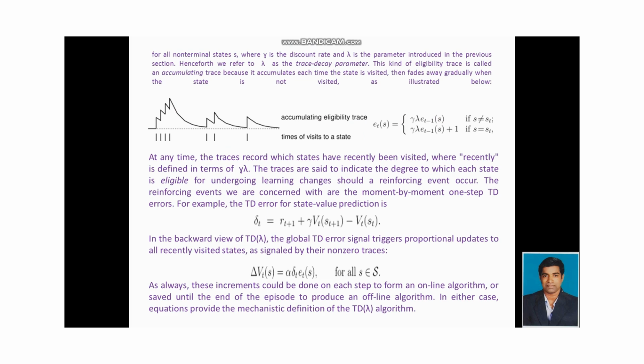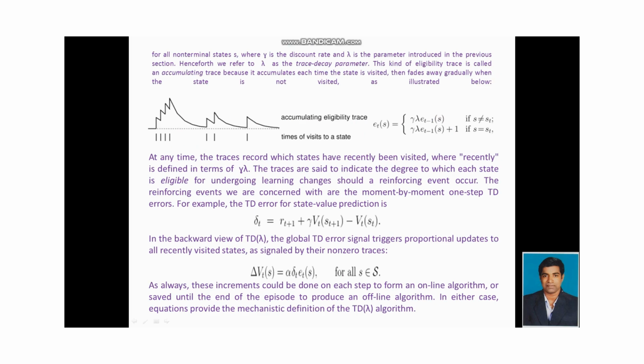This kind of eligibility trace is called an accumulating trace because it accumulates each time the state is visited, then fades away gradually when the state is not visited, as illustrated below. Here in the diagram itself we can see four steps of response we are getting when the state is visited.